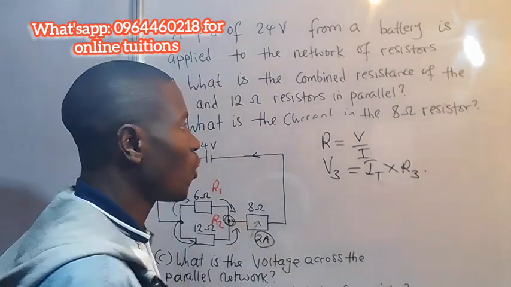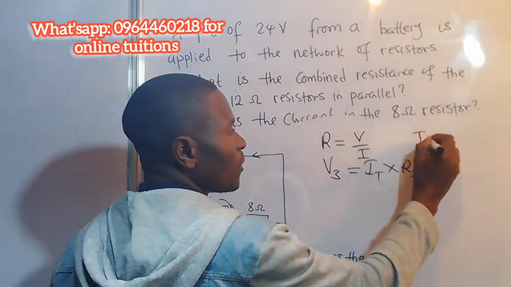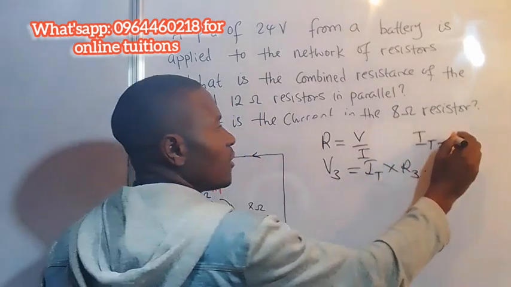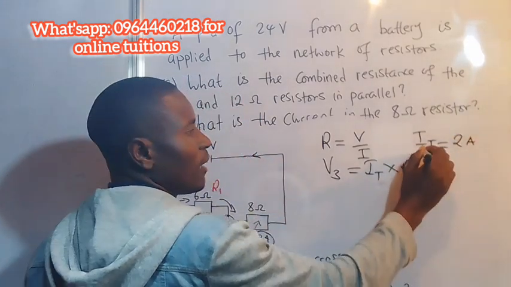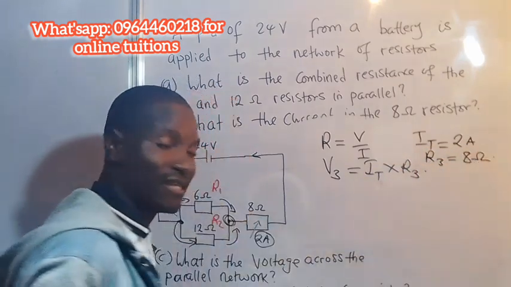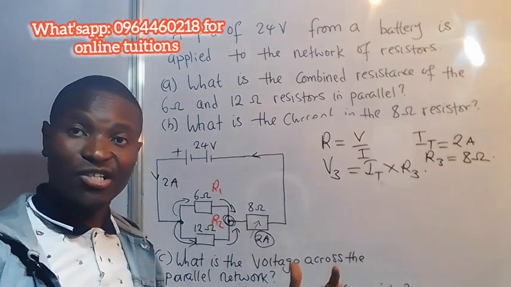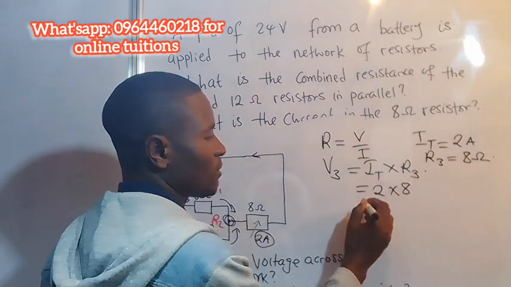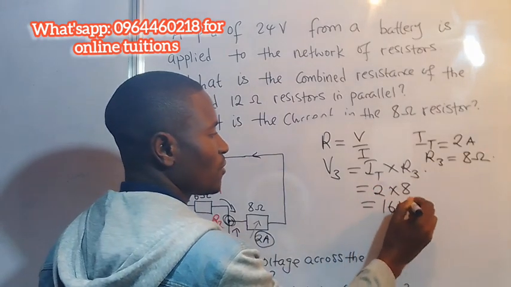So what is going to happen? Now we know that the current flowing through this one is 2 amps, and the resistor is just 8. So you say it's 2 multiplied by 8. So this is going to be 16.